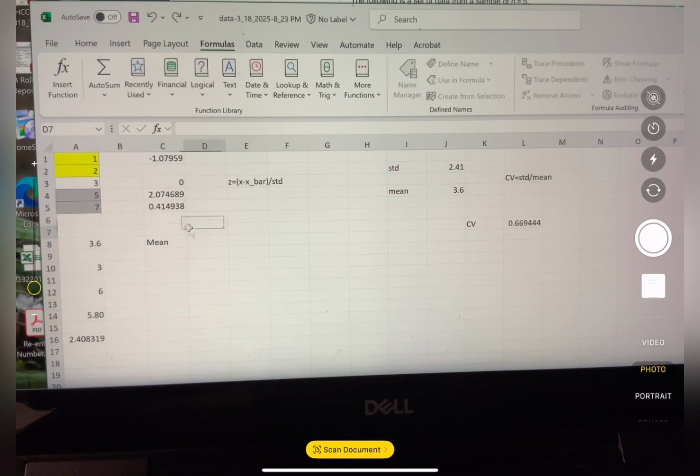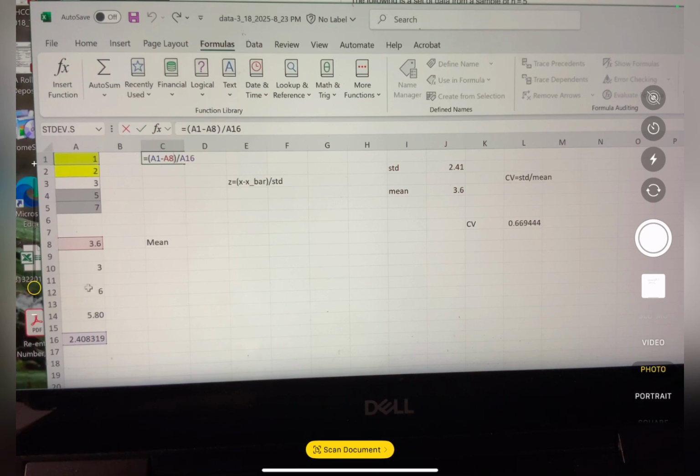To freeze the numbers that I need, I have to freeze this number 3.6 because that's the mean I'm going to use, and I have to freeze the standard deviation 2.41, because look, I'm using this and this. In this formula, only this number is going to change. These two are going to be the same.